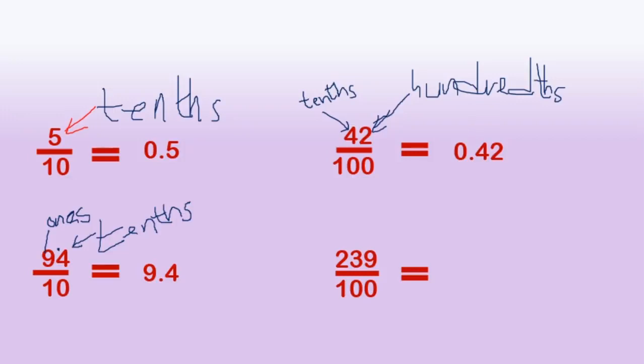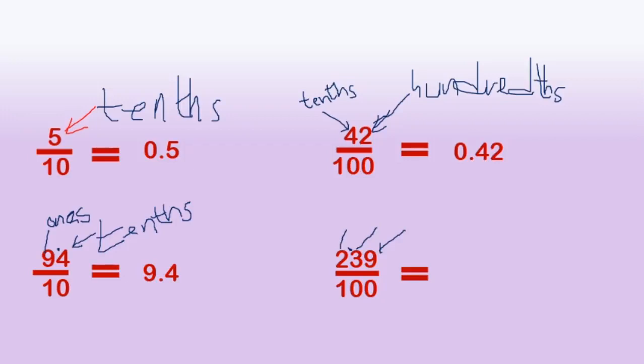Now when we come here, our denominator is 100. So we are going to start placing from the 100th column. So we can have this to be in the 100th column, and this to be in the 10th column, and then our point comes after, then we can have here will be in the ones column.